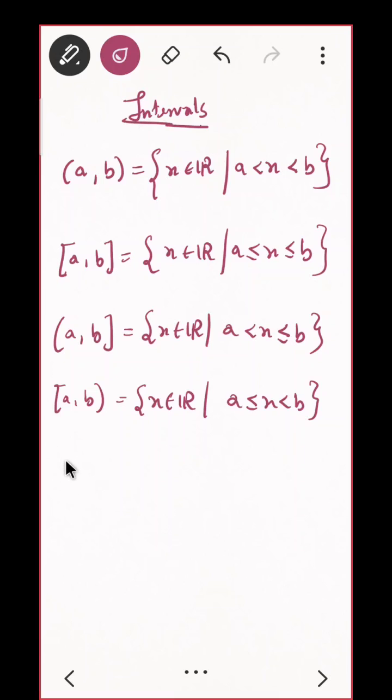Okay, now what about this one? Can somebody define this? I'll write the first part, x belongs to real numbers. You say the next part. Anyone?